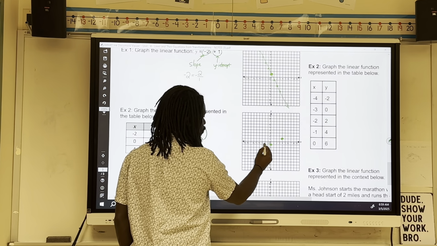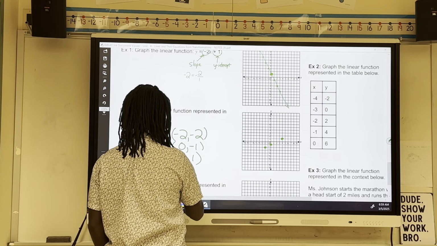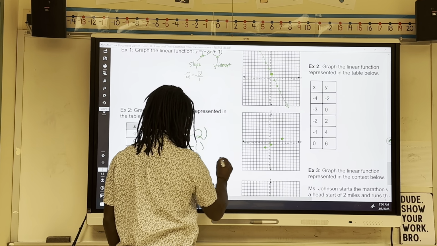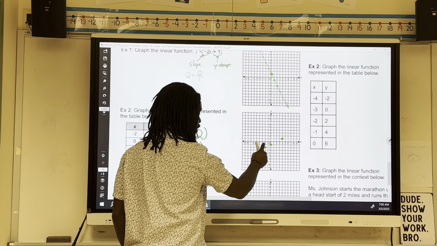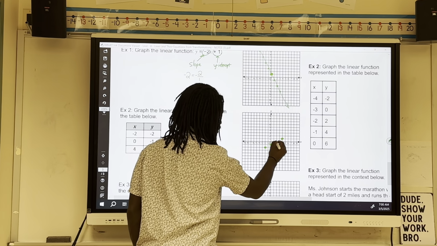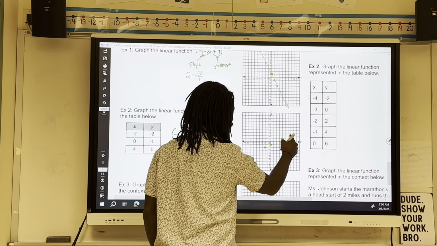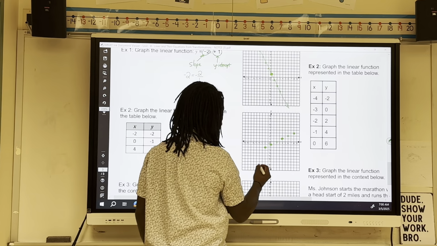So if I went up 1, then over 2, I know that my slope for this, again, because I went up 1 over 2, is 1/2, right? I'm going up 1 over 2, up 1 over 2. So there would be a point there, up 1 over 2, point there, up 1 over 2, another point there, up 1 over 2, another point there, right?